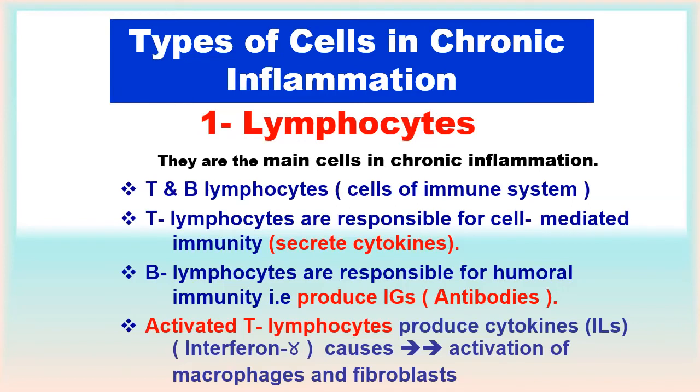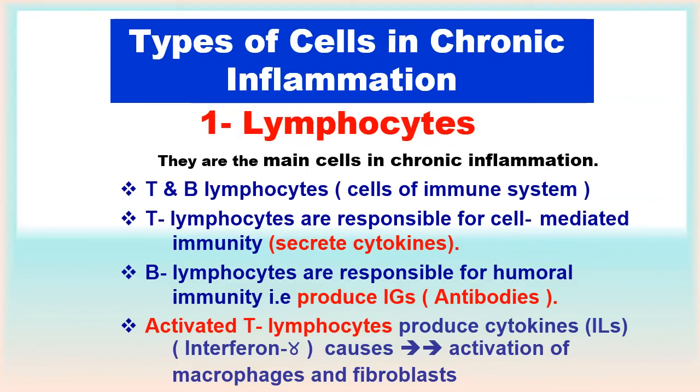First, lymphocytes. Lymphocytes are the main cells in chronic inflammation, and they are of two types, T lymphocytes and B lymphocytes, which are the cells of the immune system. T lymphocytes are responsible for cell-mediated immunity, and B lymphocytes are responsible for humoral immunity, meaning they produce immunoglobulins or antibodies.